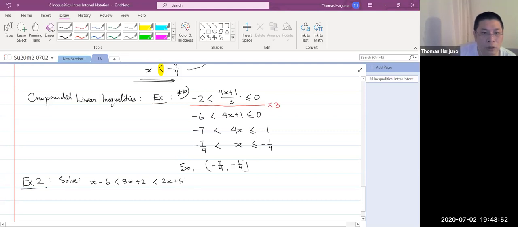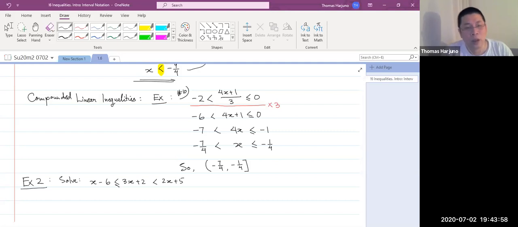You can use the equal sign somewhere, let me put it there. The problem is, however you play with these compounded linear inequalities, you cannot have your x by itself in the middle.